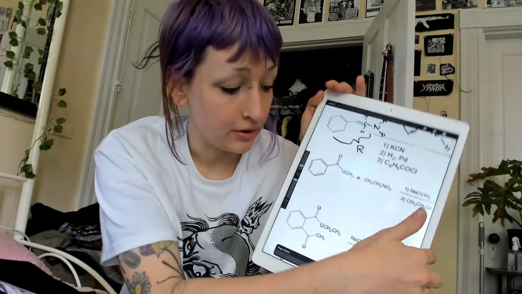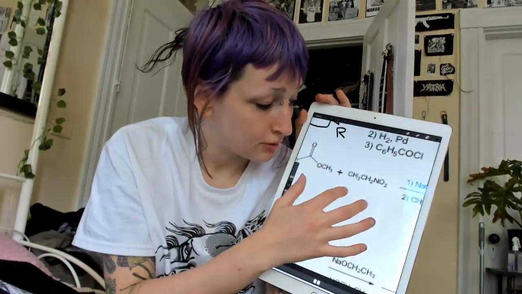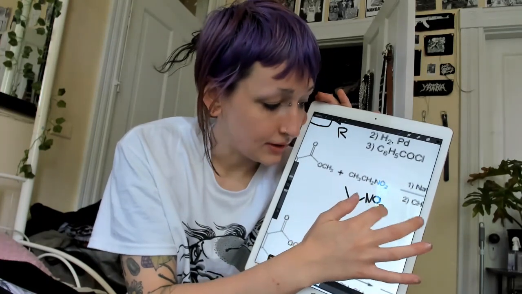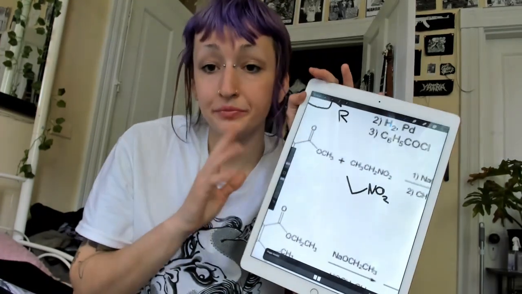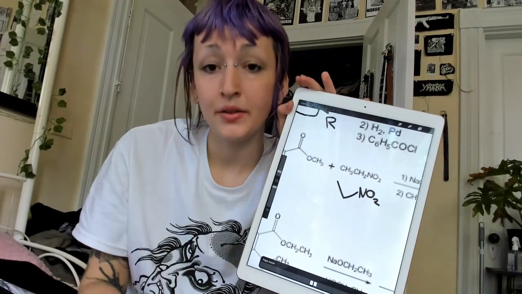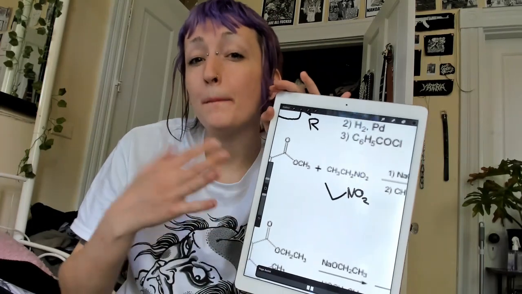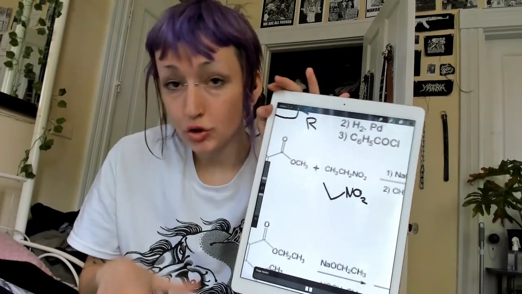And then moving on to the second question, which looks like it's got a lot going on. The first thing I'm going to do, just to avoid confusion, is draw this guy out. That's a nitro on an ethane. And remember that nitros are basically equivalent to 2 carbonyls.